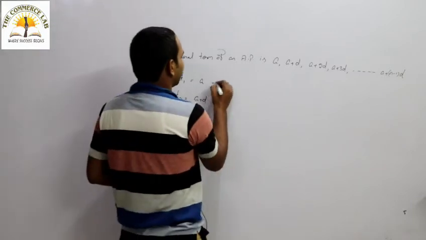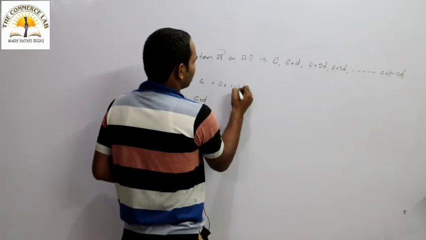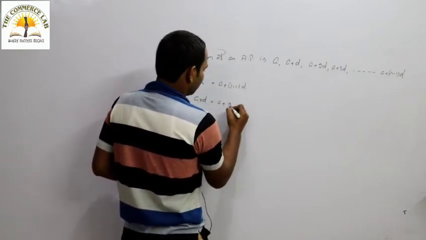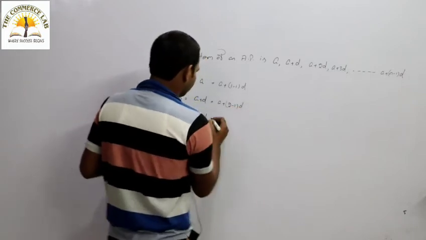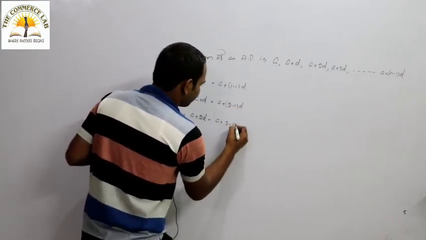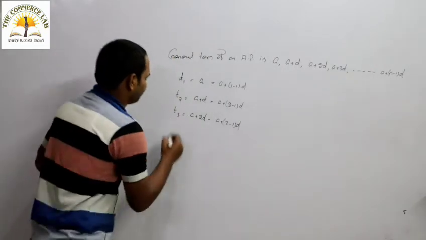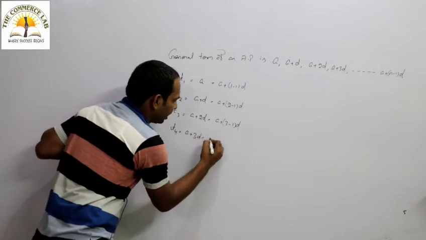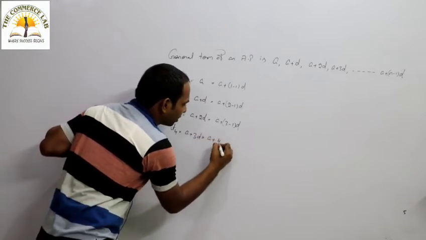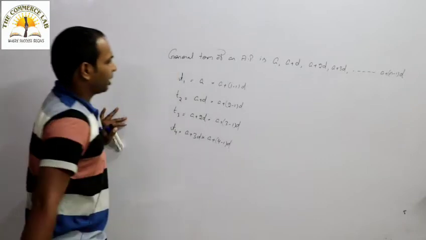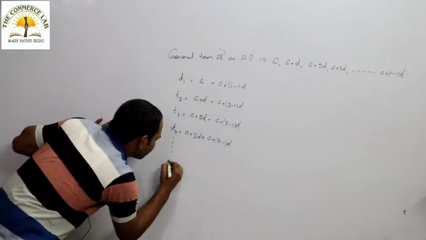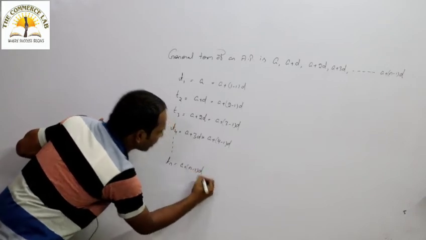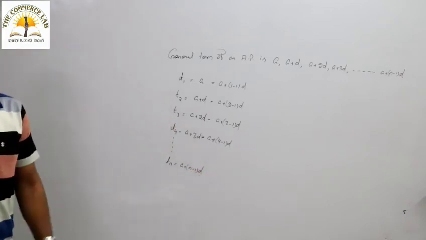Then it can also be written as a plus 1 minus 1 into d, a plus 2 minus 1 into d, a plus 3 minus 1 into d, and a plus 3d can be written as a plus 4 minus 1 into d. So Tn can be written as a plus n minus 1 into d.